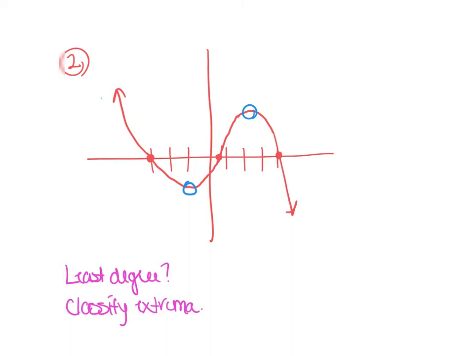So what that's telling us is that this polynomial must be degree 3, degree 5, degree 7, degree 9, any odd degree that's greater than 2, okay? Because we have 2 turning points. So since you have 2 turning points, that means the least degree is the 3rd degree.